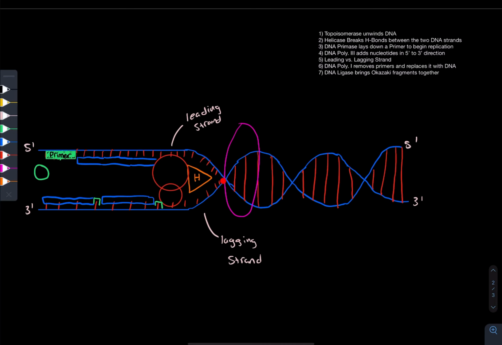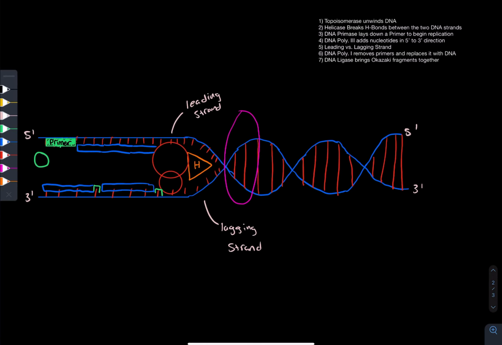And then by the time helicase is over here, it'll have to jump back over here and then start there. And it's going to take a lot longer than the leading strand.